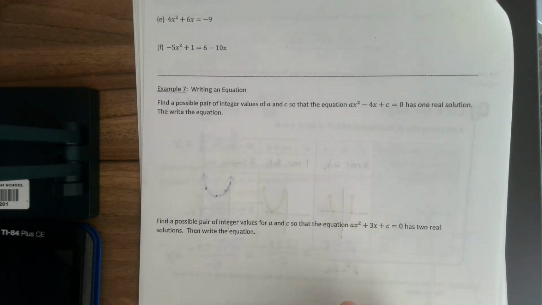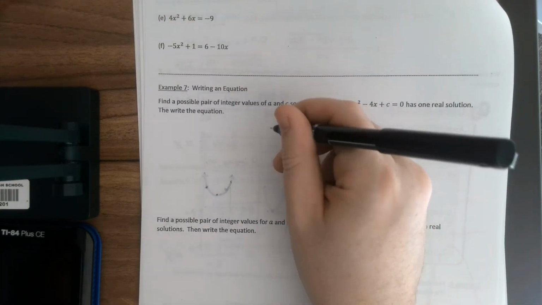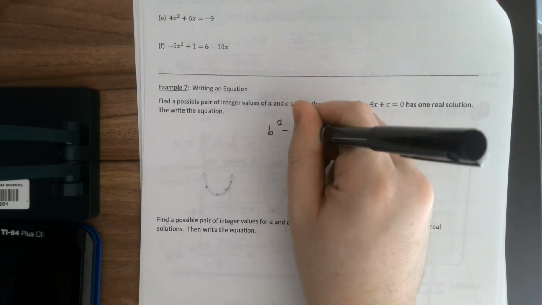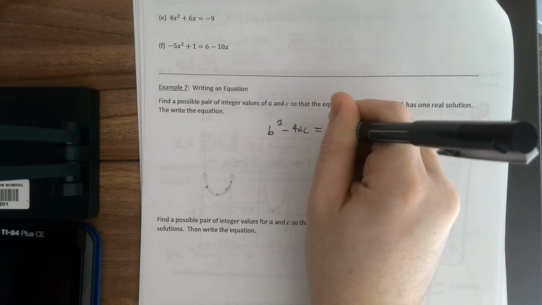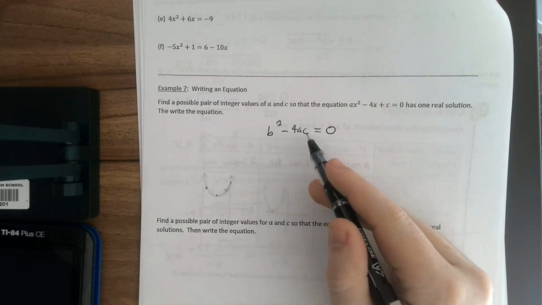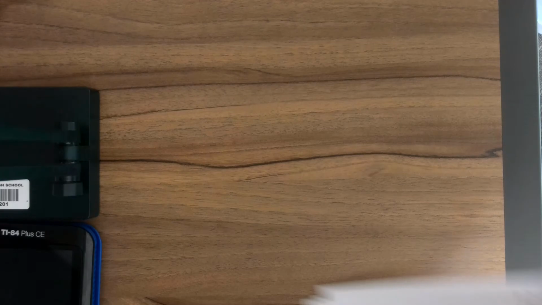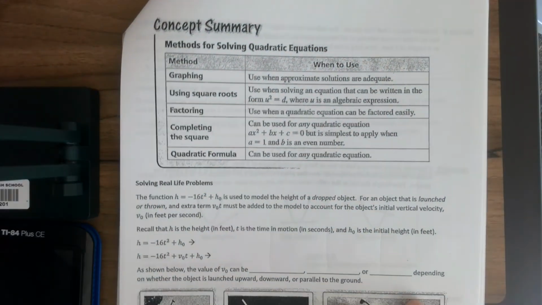These are thinking problems, but remember, you have 1 real solution if b squared minus 4ac equals 0. And we know our b. So can you find an a and c that'll make it happen? Either way, I'll leave these to you as challenge problems. Let's flip the page.